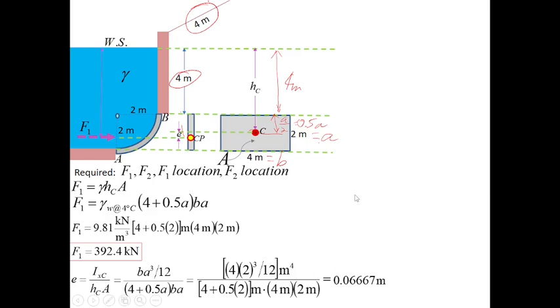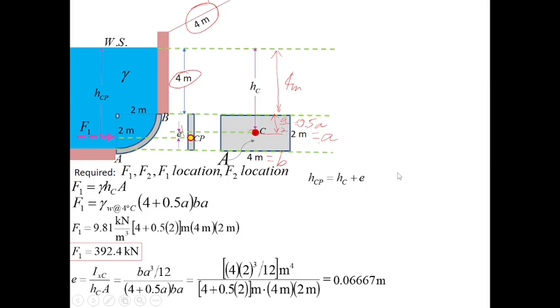Okay? So, this is our HCP, the distance between the water surface up to the horizontal component of the hydrostatic force. HCP is HC plus E. When we add HC and E, we get HCP.